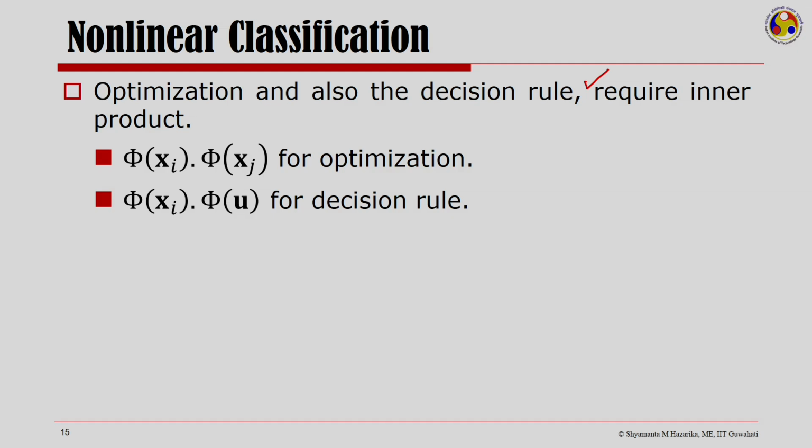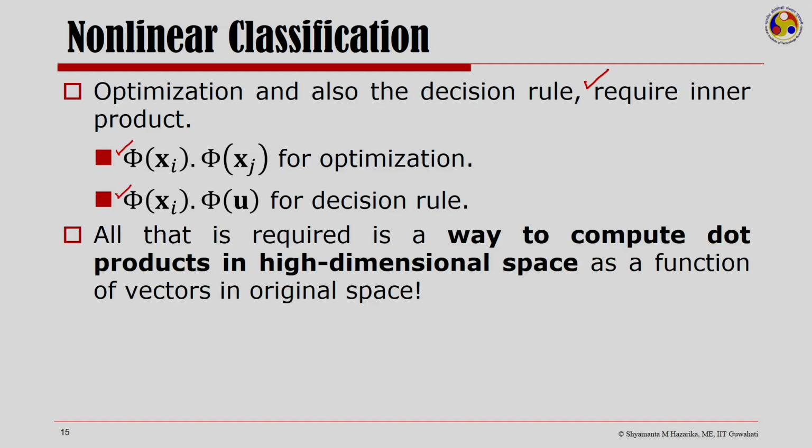That is, if we are somehow mapping them using phi, then all I will need is phi xi dot phi xj for optimization, and I will need phi xi dot phi u for the decision rule. So, there is a requirement of only the inner product. So, all that is required is a way to compute the inner product or the dot product in the high dimensional space as a function of vectors in the original space.